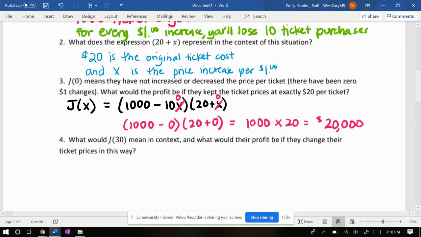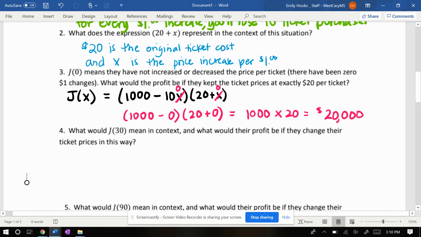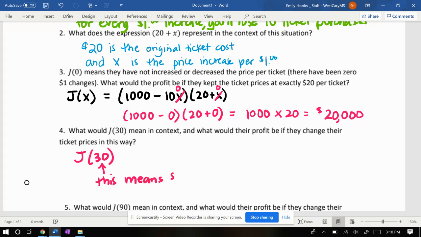Number 4 is saying, all right, instead of $0, let's do a $30 increase. 30 does not mean that the ticket is going to cost 30. It means that it's a $30 increase. So really the tickets now cost $50, but we're still going to use 30 in the equation.